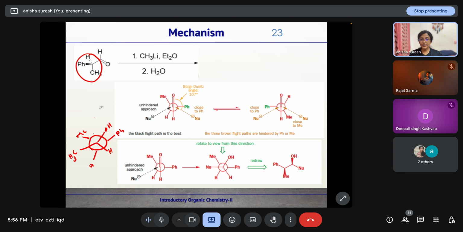If we look from this direction, from upside, the phenyl group will be on our left hand side, and this CH3 will be on our right hand side. That is why it is drawn in this fashion. Phenyl will be on our left hand side, and the CH3, the nucleophile, is coming on the right hand side.